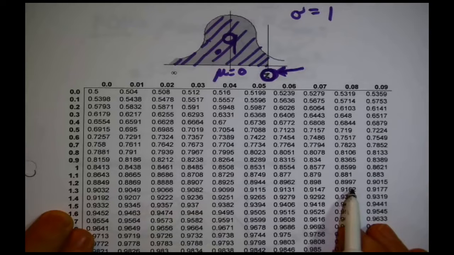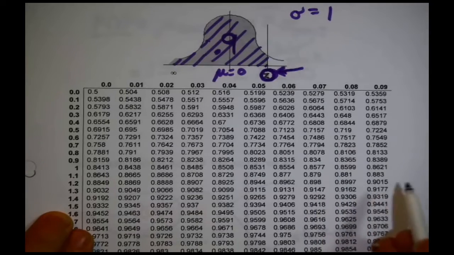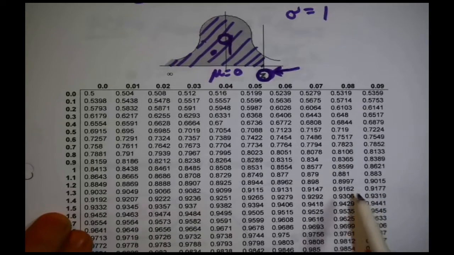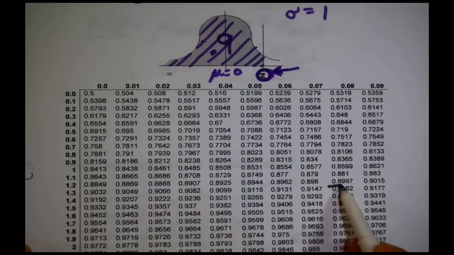0.90000, right? 90%. I don't see 0.90000 in here exactly, but I'm looking for just as close as possible, and this looks pretty close to me. It is an area of 0.8997. You say, wait a minute, what are you doing?